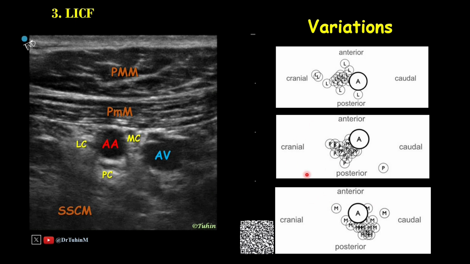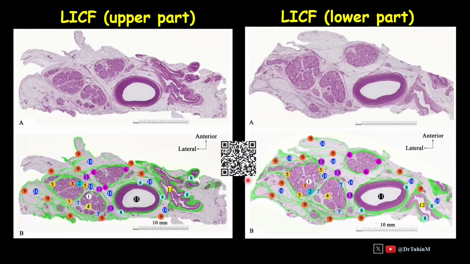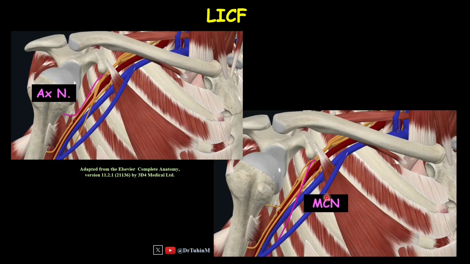The anatomical arrangements of the paraneural sheath and its fascial compartment at this lateral infraclavicular fossa are similar to the costoclavicular space. The microanatomy of the brachial plexus here is also similar to the costoclavicular space as we have discussed. In some cases, the musculocutaneous and the axillary nerve branch off early from their respective cords, which may lead to incomplete coverage with a lateral infraclavicular block and result in sparing.